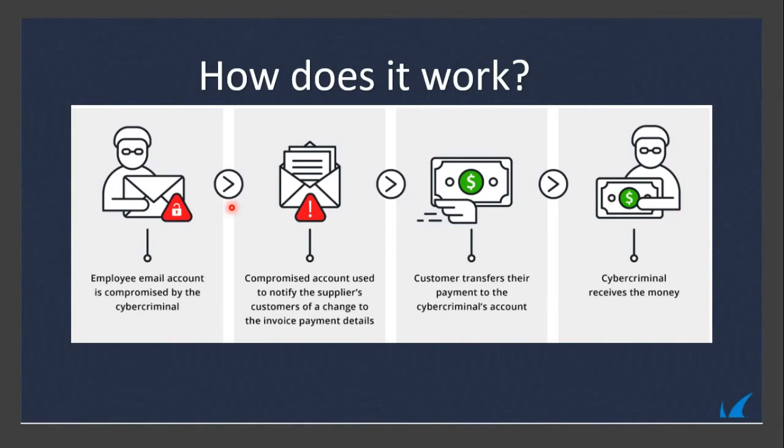Some of the samples that we have seen in the email messages have subjects that contain words such as request, payment, transfer, urgent, and so on. Based on different reports, what we have found is there are 5 types of business email compromise attacks.